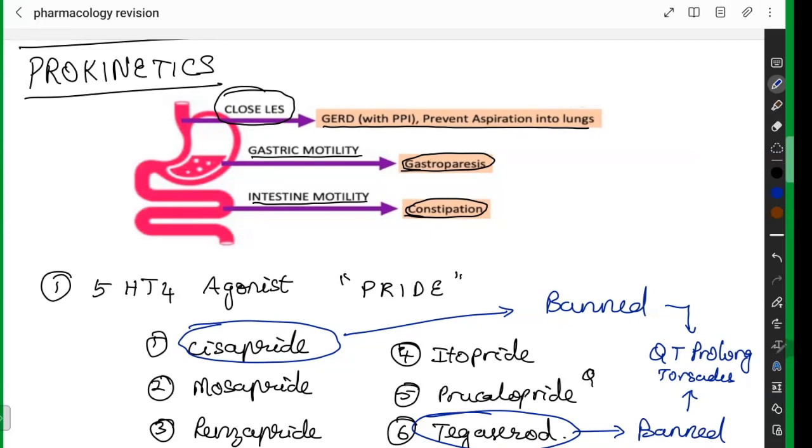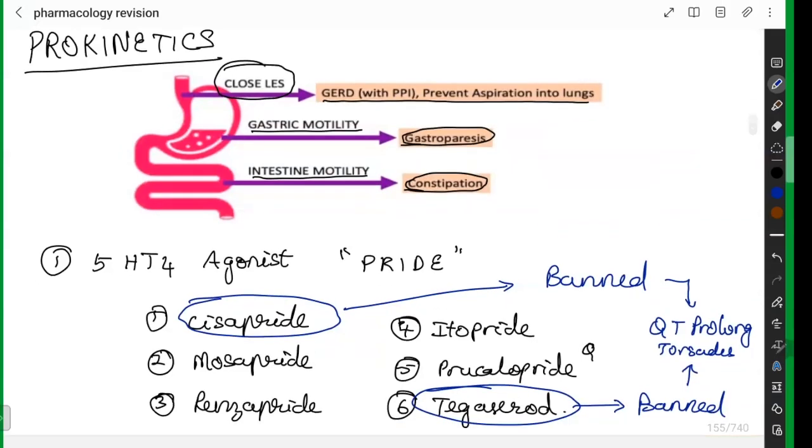So that is the prokinetics' role with vomiting. Second, when you have GERD, gastroesophageal reflux disease, prokinetic drugs can be given that will help in the forward movement, so that it will prevent the aspiration of the acid outside in your esophagus or aspiration into the lungs. Okay, these 5-HT4 agonists are given.